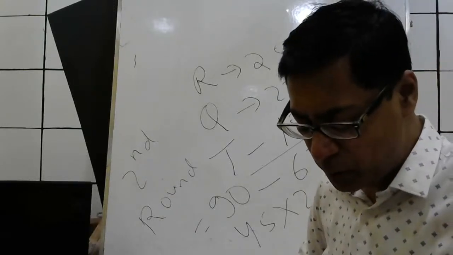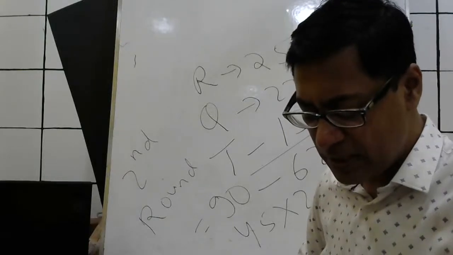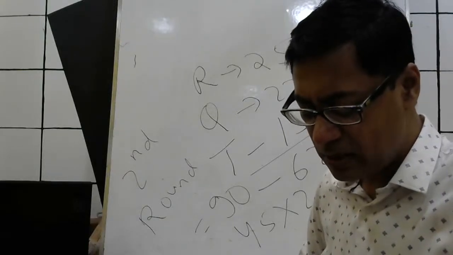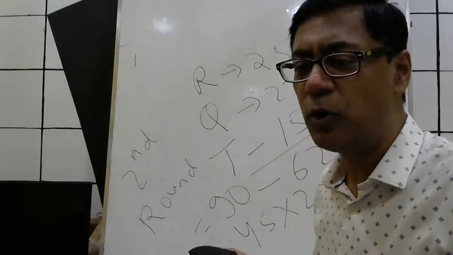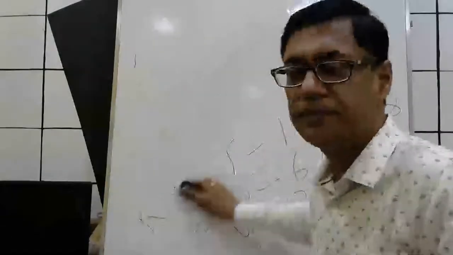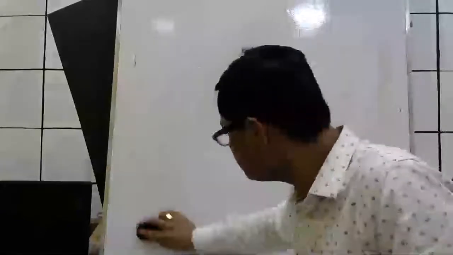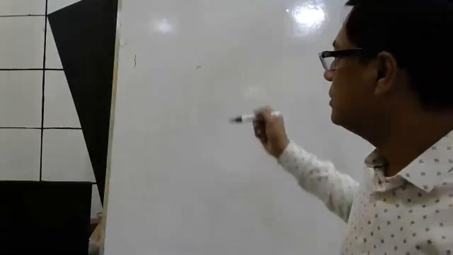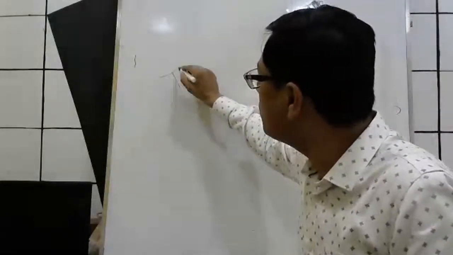Let me explain to you. So the first step would be to look at the third round. Can I use the board? So is it clear to all of you that I can use the board?